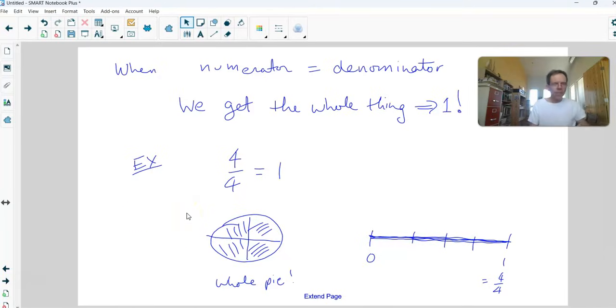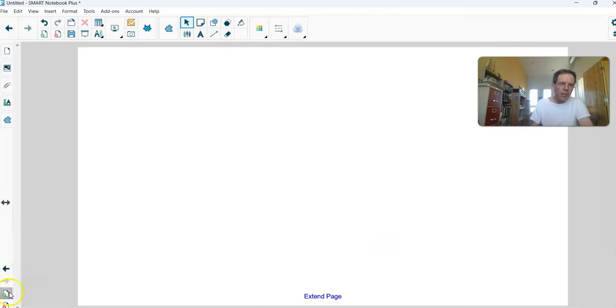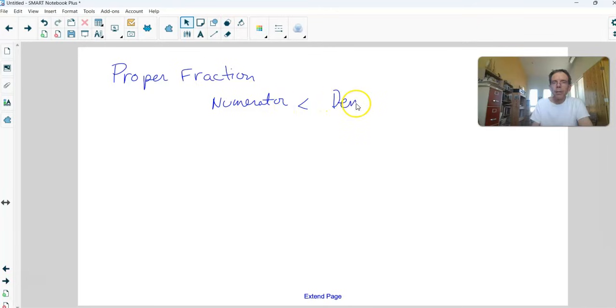So let's get some more vocabulary going based on the sizes of the numerator and denominator. We get something called a proper fraction when the numerator is less than the denominator. This is a symbol that says less than, right?